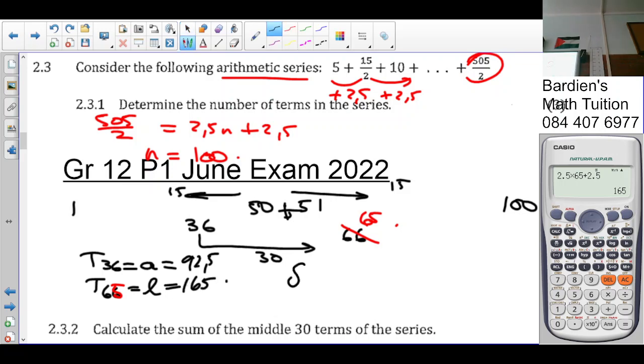So remember, they want you to work out the sum of 30 terms. So I'm going to use the formula Sn is equal to n over 2 into a plus l. Why? Because I have my first term and I have my last term as well.